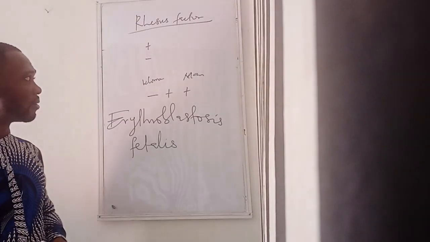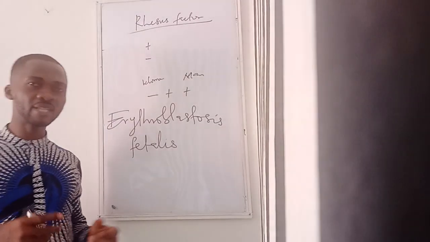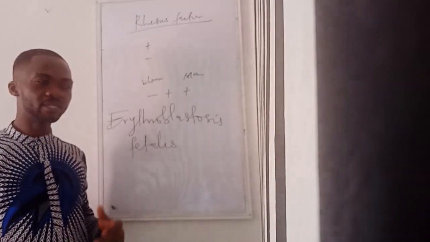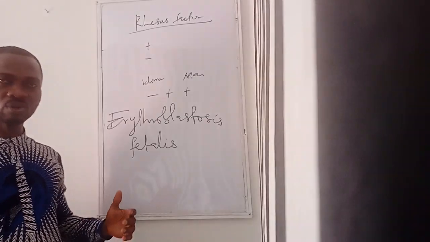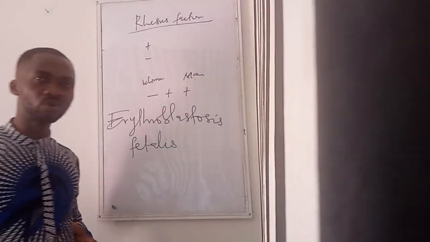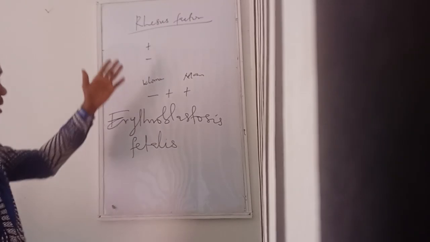So there is a kind of blasting of the red blood cells of the fetus, and this can result in the death of such a child. Like I said, the second child, and if nothing is done, other subsequent children will also be affected by this hemolytic disease. So that is it about the rhesus factor.